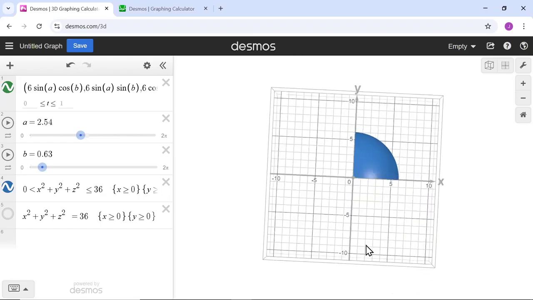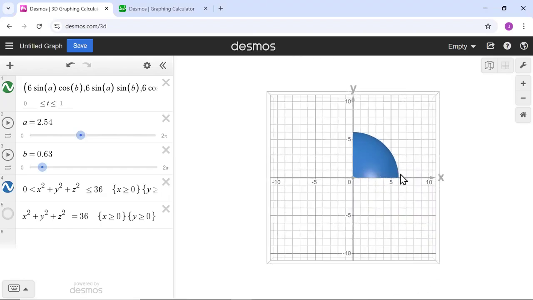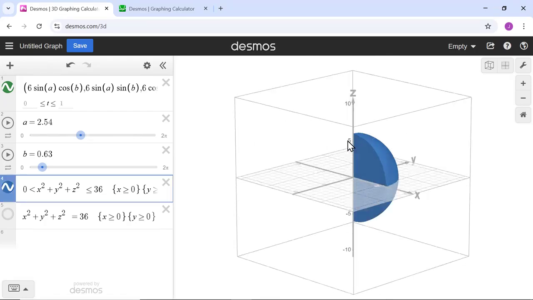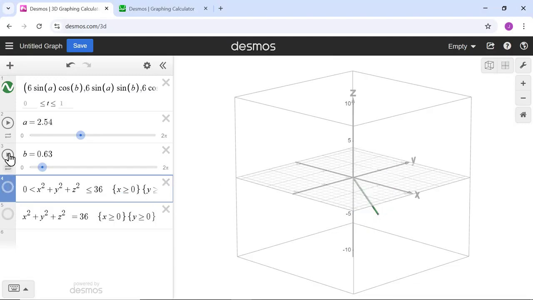And I'm claiming that because theta, again, think of theta in the xy plane, is going from 0 to pi over 2. But the phi goes all the way from 0 to pi. So it wraps around from the z-axis pointing up to all the way down to the z-axis pointing down.